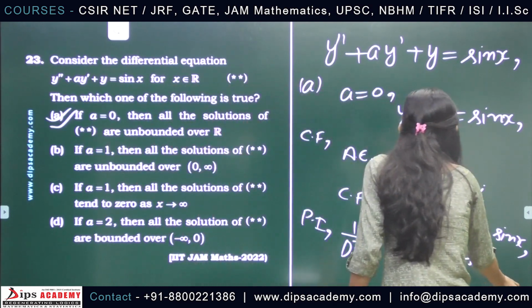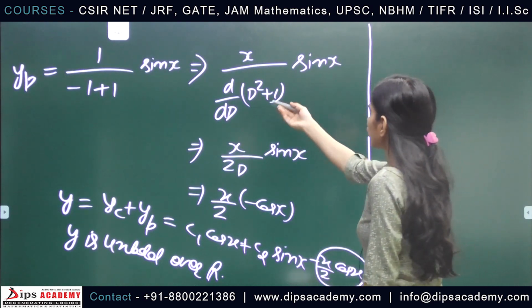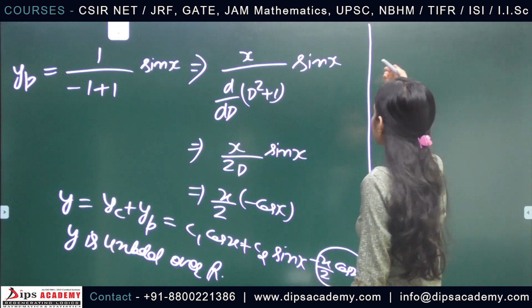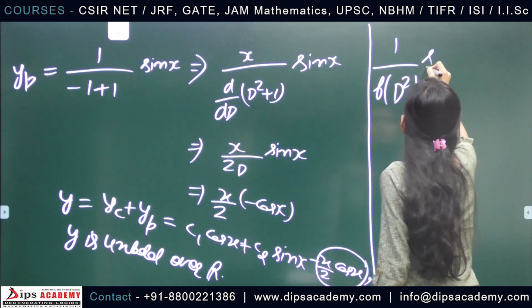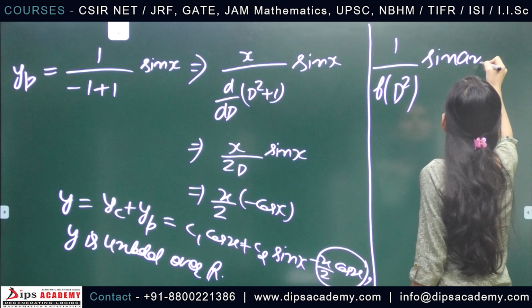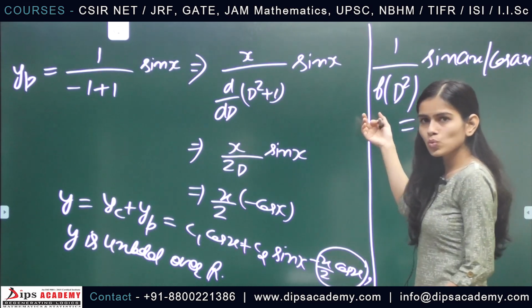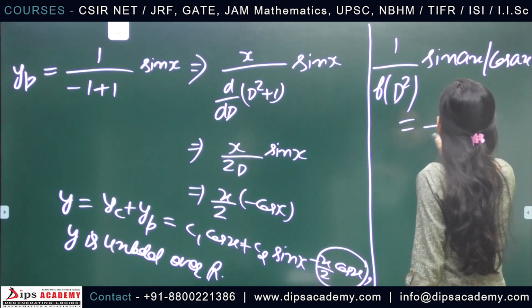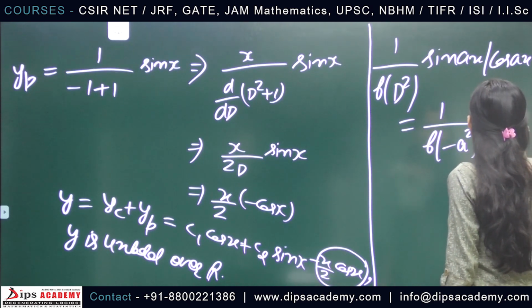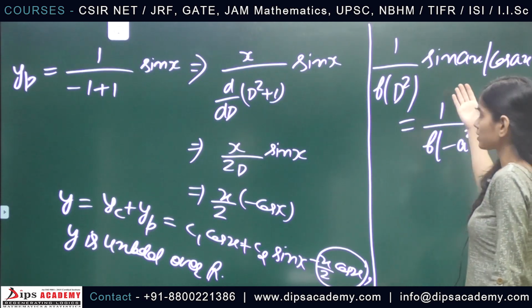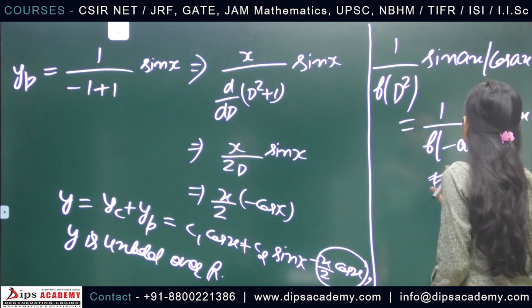Now for the second one, see this special form I am writing: 1 over f of D squared, sin ax or cos ax, where we replace D squared by minus a squared. This is 1 over f of minus a squared times sin ax, and this is our particular integral, provided f of minus a squared is non-zero.